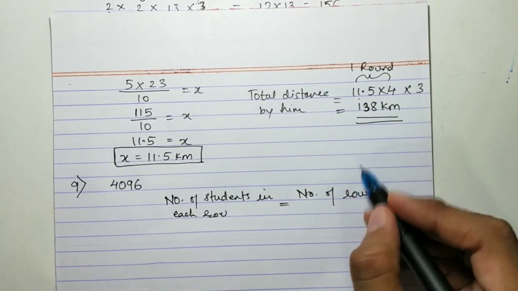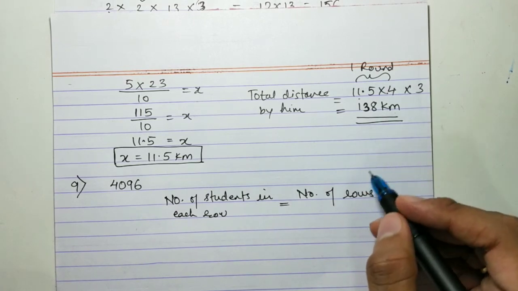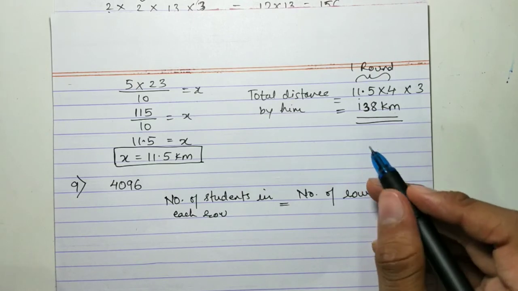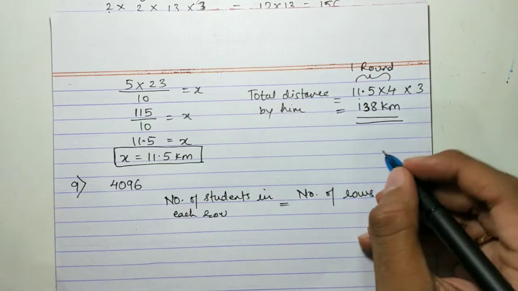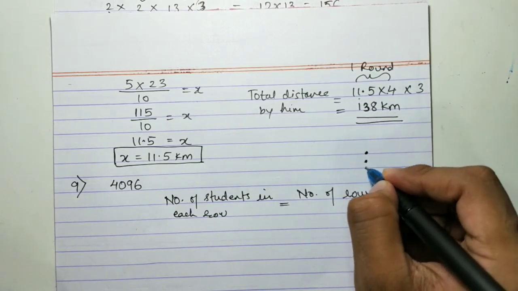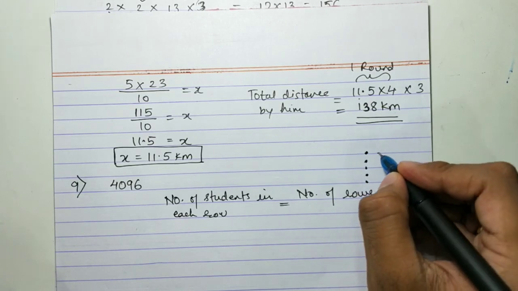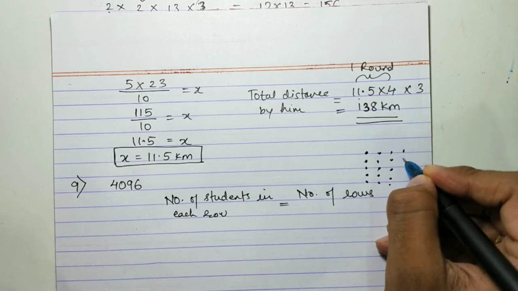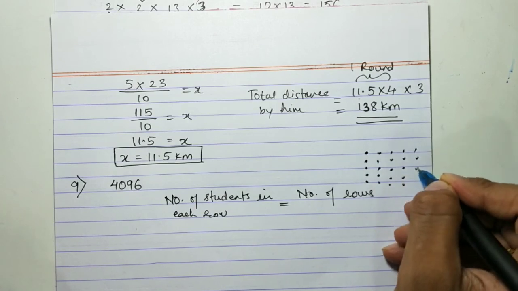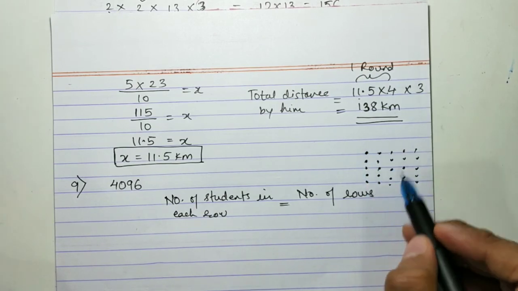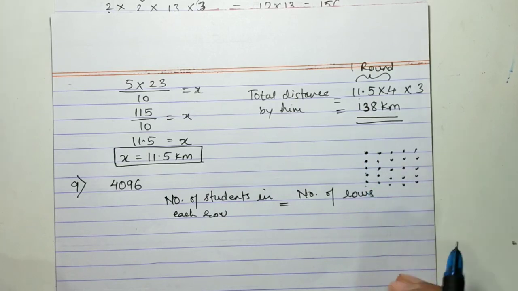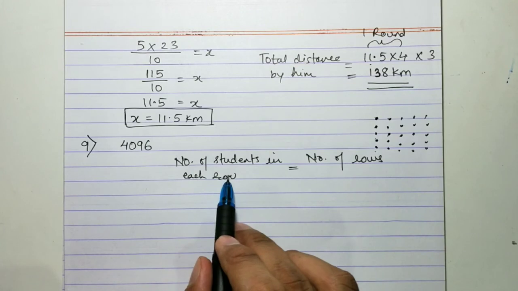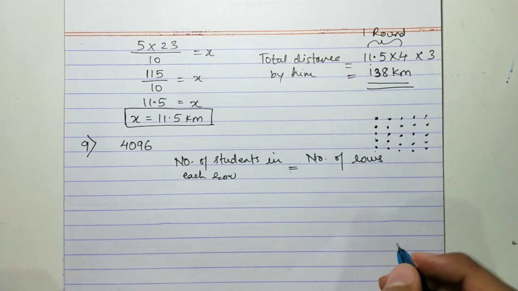Okay, if there are 10 rows then in every row there are 10 students. If there are 20 rows in total then every row has 20 students. Whatever it is, it is equal. For example, if there are 5 students in a row then there are 5 rows in total.